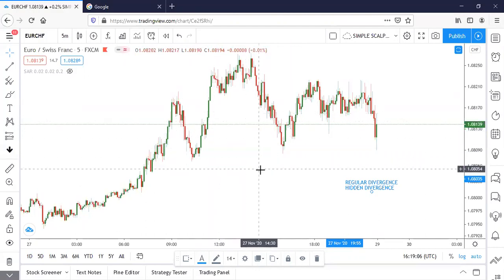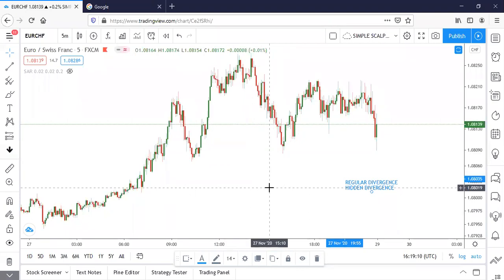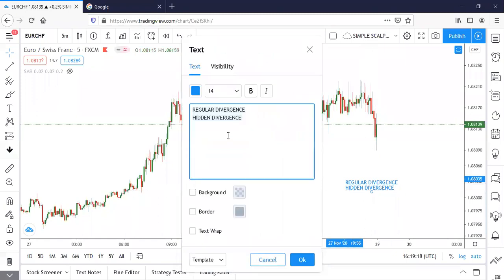There are several indicators you can use, but the three most important that people use to spot divergence are the stochastic oscillator, RSI (relative strength index), and MACD.